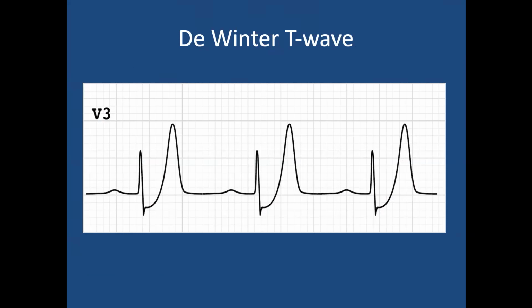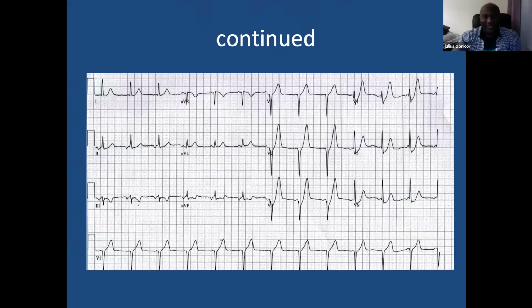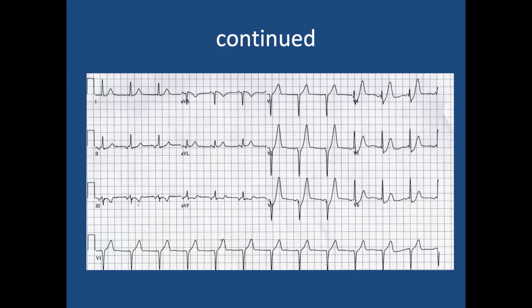Explain that De Winter T wave again. Okay, so really what you're looking at is your hyperacute T wave, particularly in V1, V2, V3, and sometimes it extends into V4. Normally when you see widespread hyperacute T waves, you think hyperkalemia.